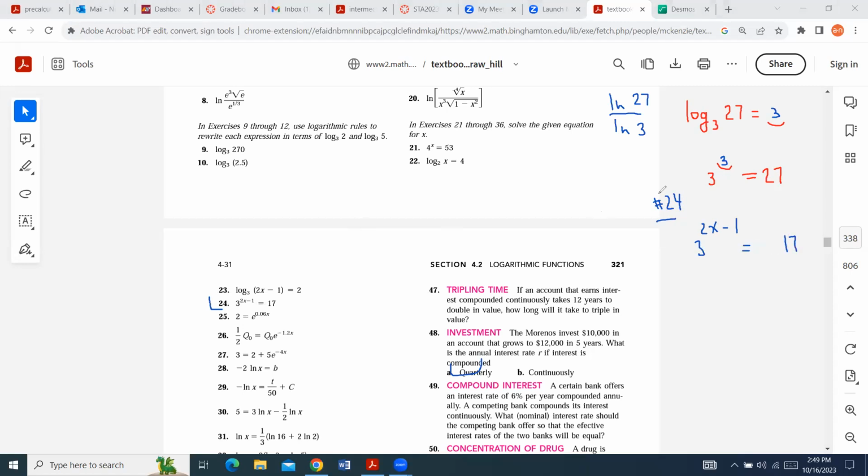So since 3 and 17 are not really friends, then you apply ln on both sides, because this way you can bring your power with x in front. So this will be 2x minus 1 multiplied by ln of 3, and this is equal to ln 17.